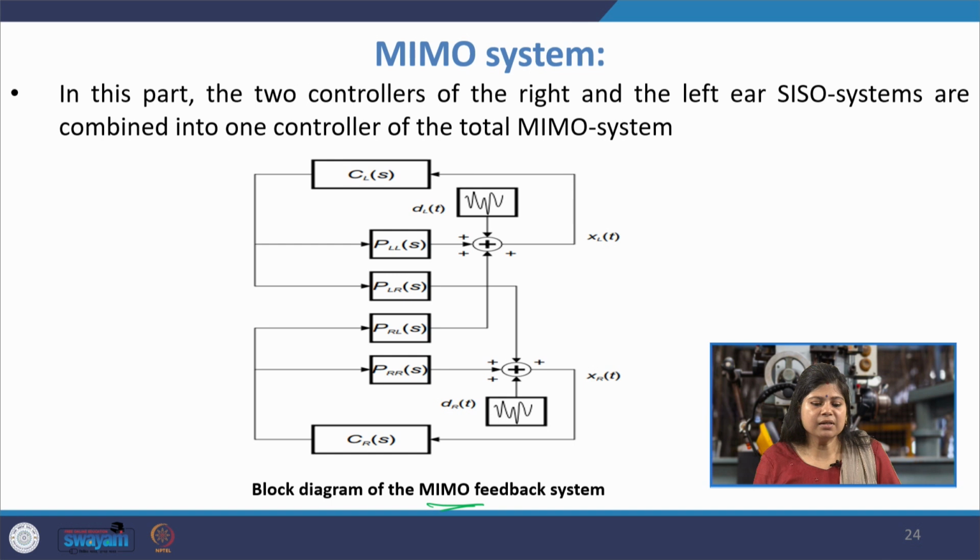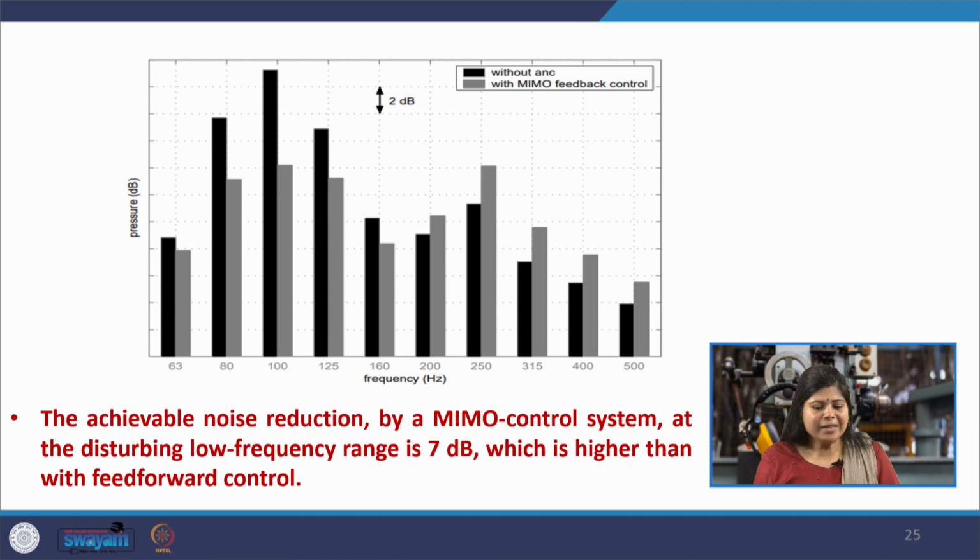But in the multiple input, multiple output systems, you have multiple channels doing the same things. So from various locations, you are getting various kinds of reference signals and error signals. When you increase the number of channels for processing the ANC algorithm, you receive more data.